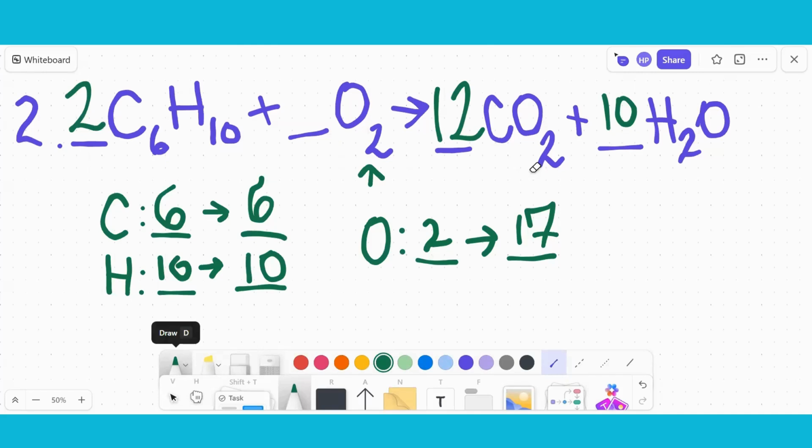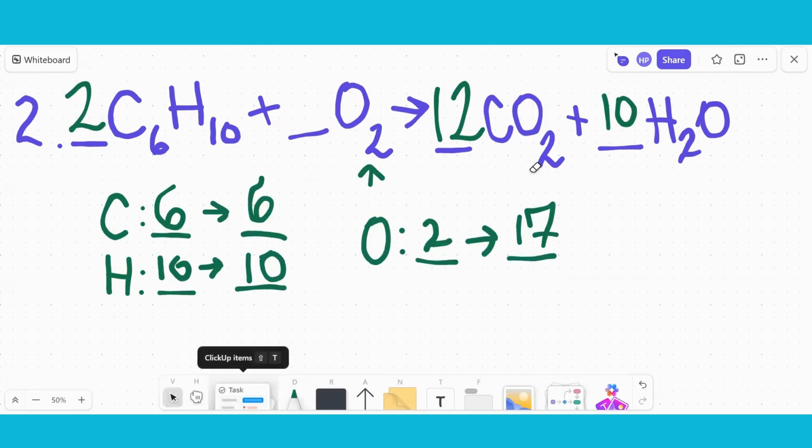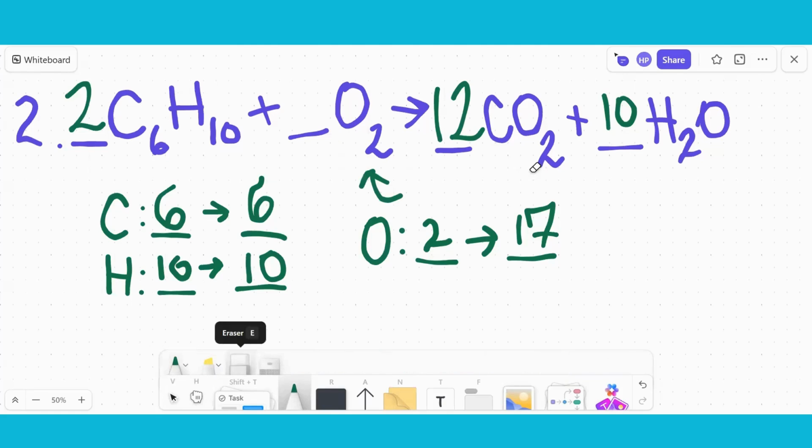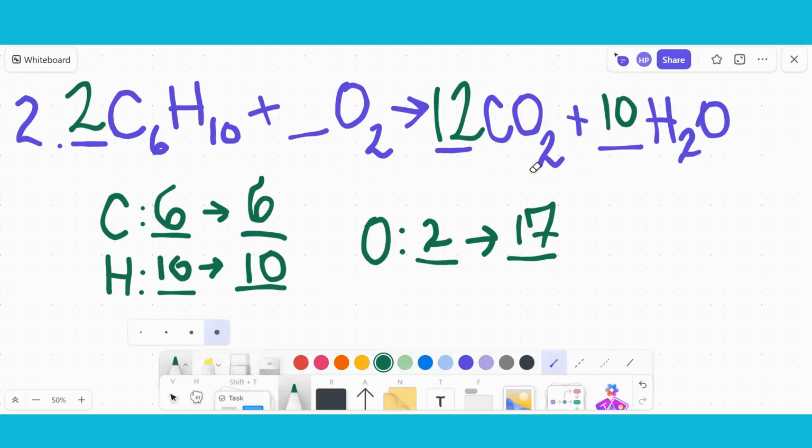Again, the reason why I multiplied all my coefficients by 2 is because the oxygen we have on the left has this 2, and we can't have decimals in front of them. So it has to be even number on the right and the left.